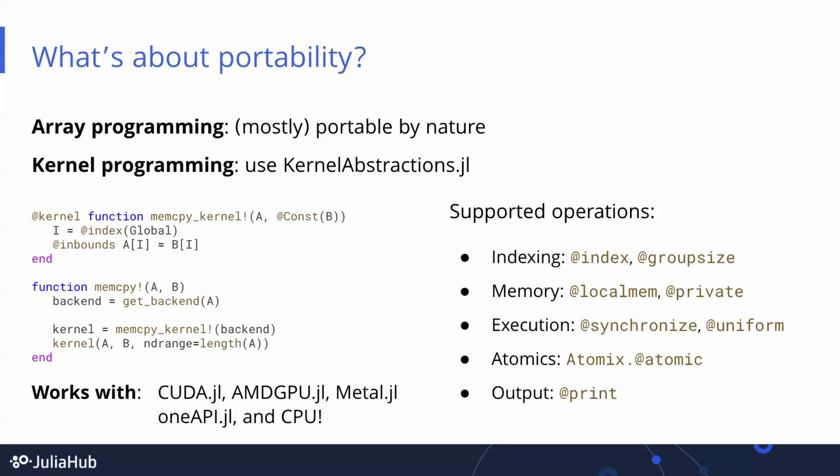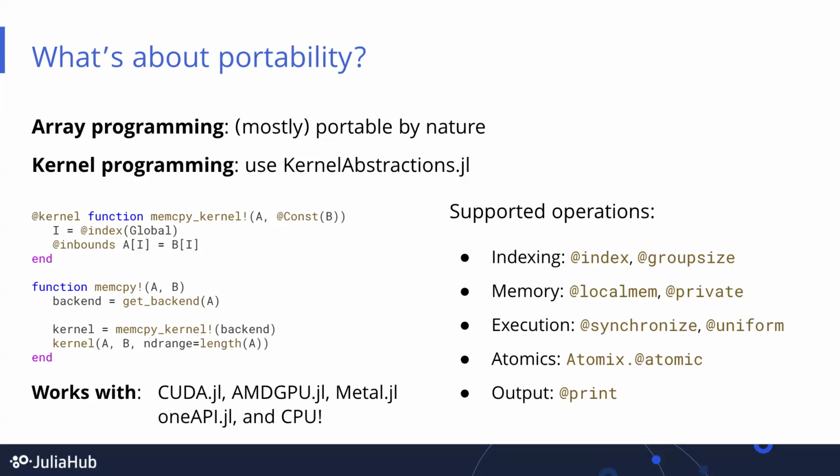For kernels, that's not true, and that's why the package called KernelAbstractions.jl exists. It is a package that provides a kernel programming abstraction, making it possible to write a kernel function doing exactly the same things, but with generic names that can then be compiled or mapped down to whatever backend-specific operation is available in the backend you have to use.